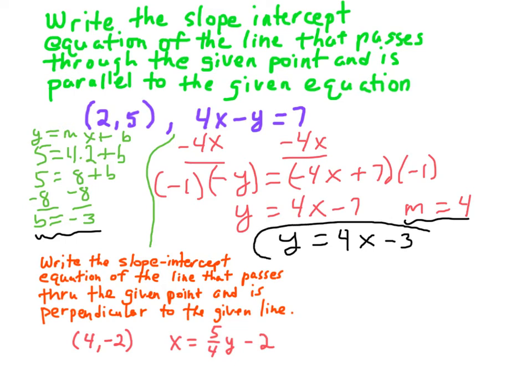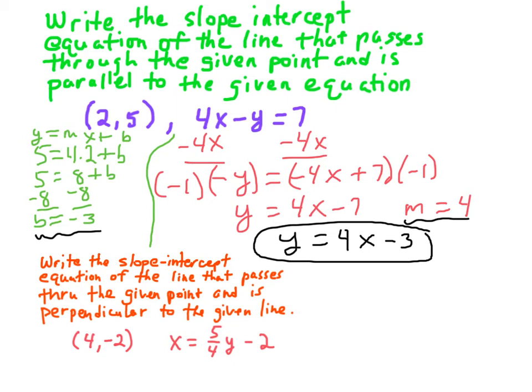You can see that the equation above here had a different y-intercept of -7, but had the same slope. So this is parallel to this line, and it will pass through this point because of the work I did here to calculate slope.